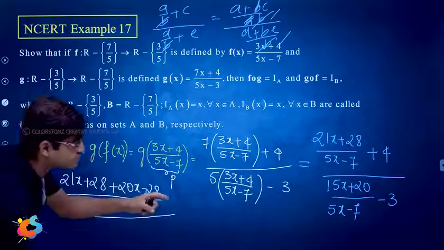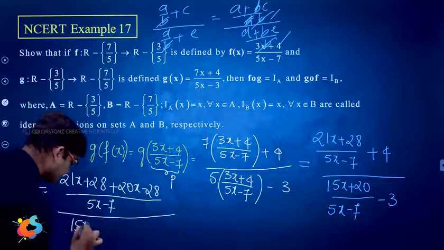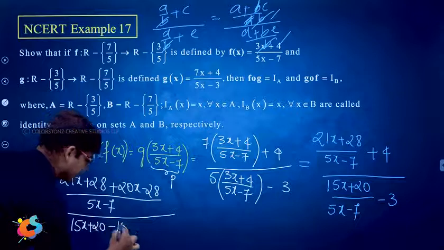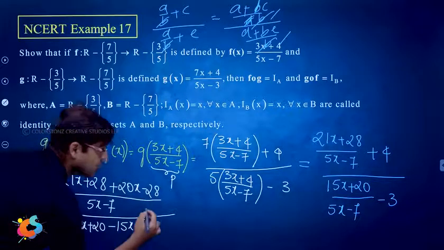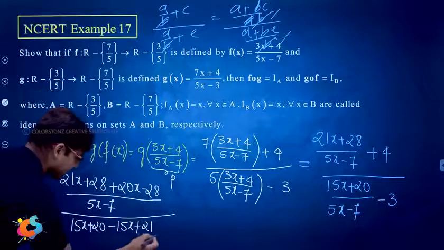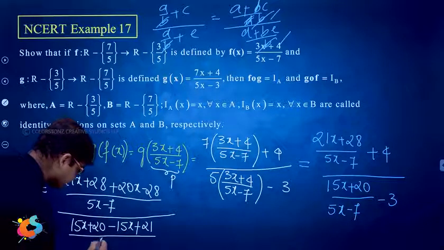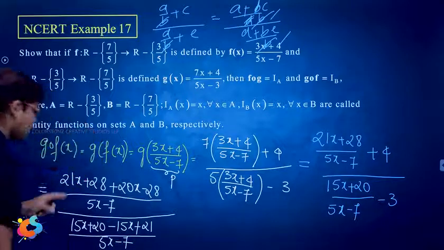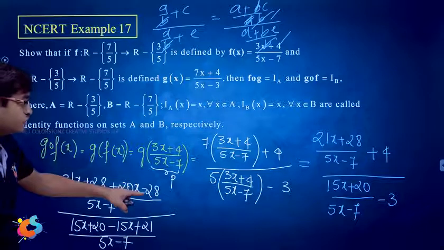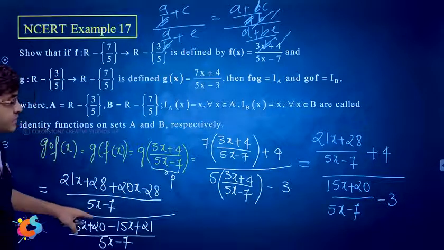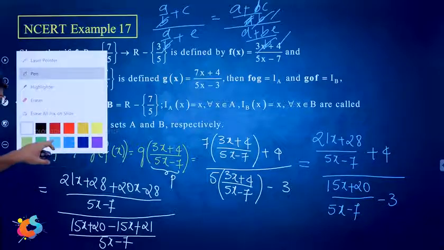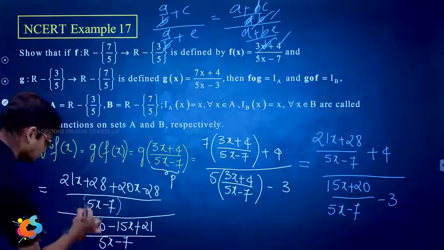And after this, 15x plus 20 and minus 15x plus 21, divided by 5x minus 7. So 21x plus 28 plus 20x minus 28, over 15x plus 20 minus 15x plus 21. Perfect. So now let us cancel these two.